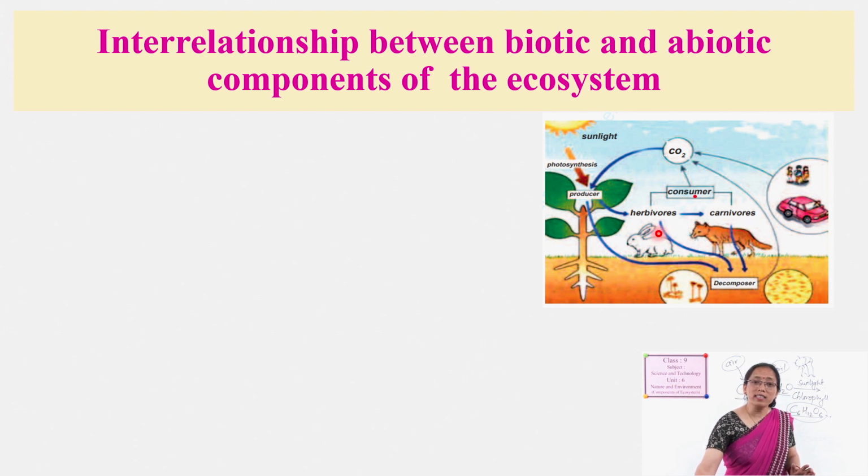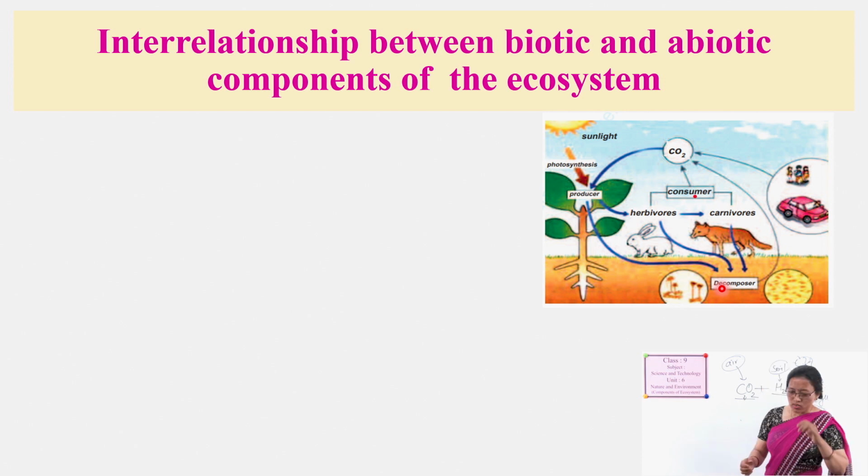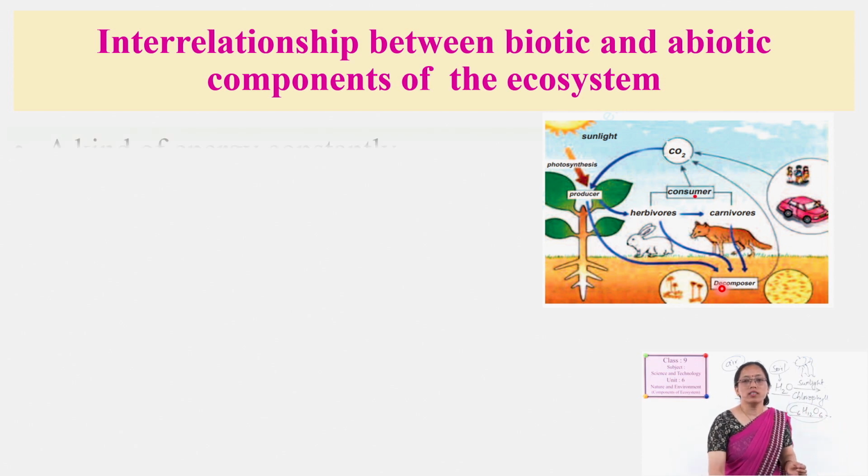So all these consumers depend directly or indirectly on green plants, and green plants depend directly on the different physical components. Again, after the death of these organisms, they are decomposed by microorganisms or decomposers, and again they mix into the environment. So they are related with each other.